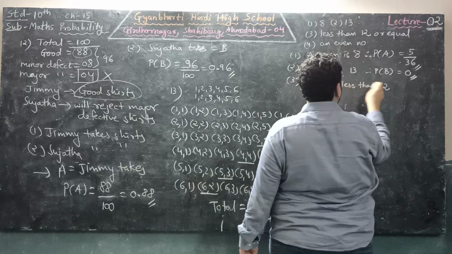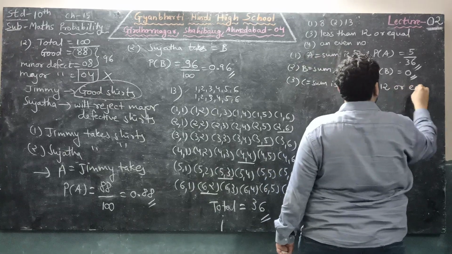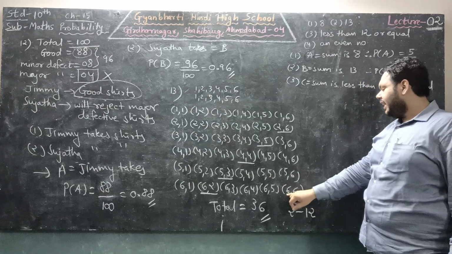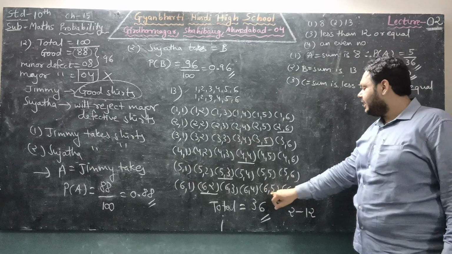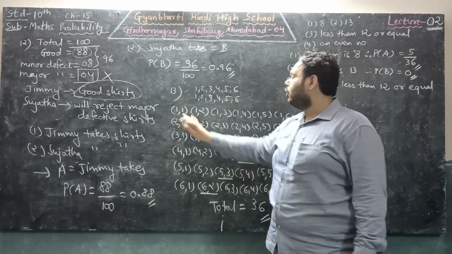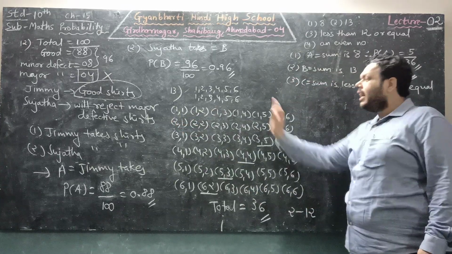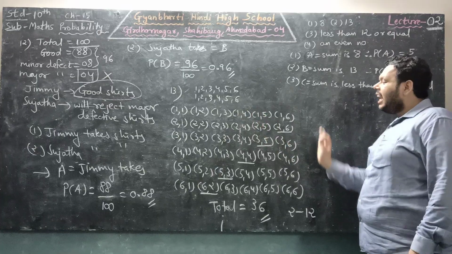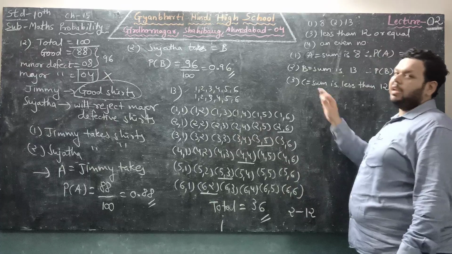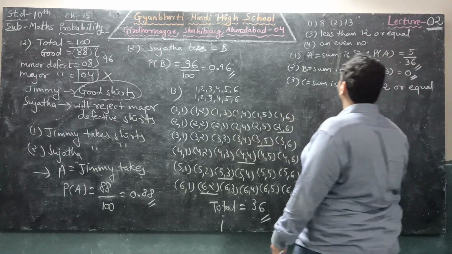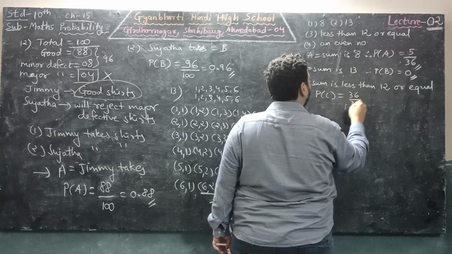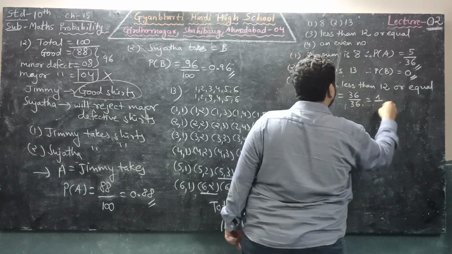Here the maximum sum, 6 and 6, is 12, 6 and 5 is 11, 5 and 6 is 11, and the minimum is 1 and 1, 2. So the sum of all the events is either less than 12 or equal to 12. So all the results will be included. So the probability of C will be 36 upon 36, that is equal to 1.